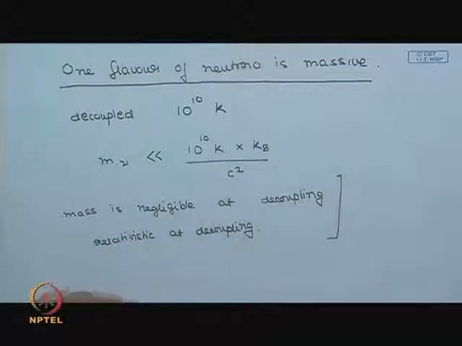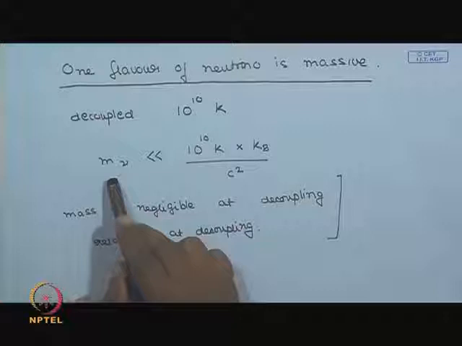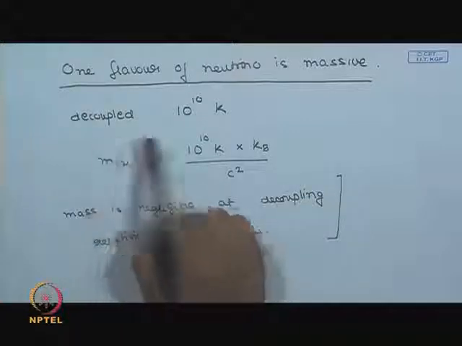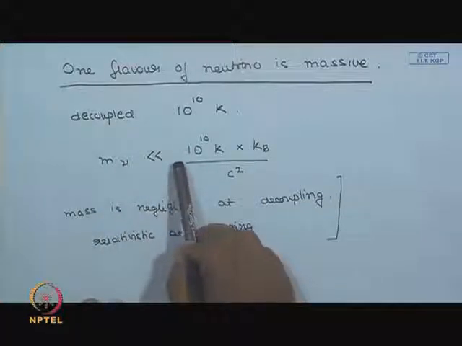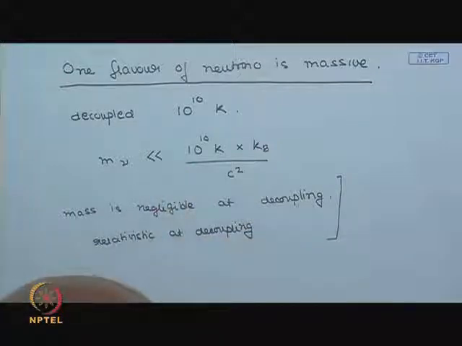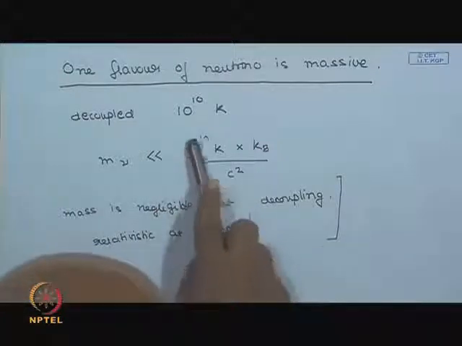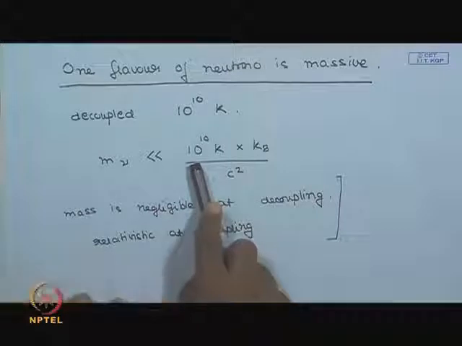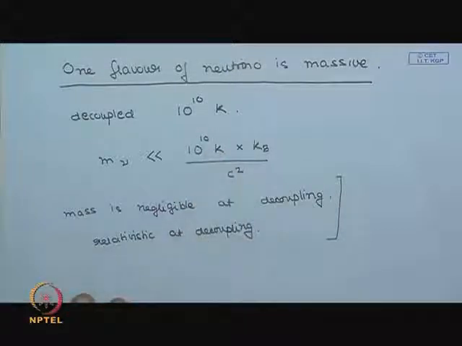This is the assumption that we had made, and we had also assumed that the mass is much smaller than the temperature scale where the neutrinos decouple. The temperature scale where the neutrinos decouple, we had seen, is around 10^10 Kelvin.